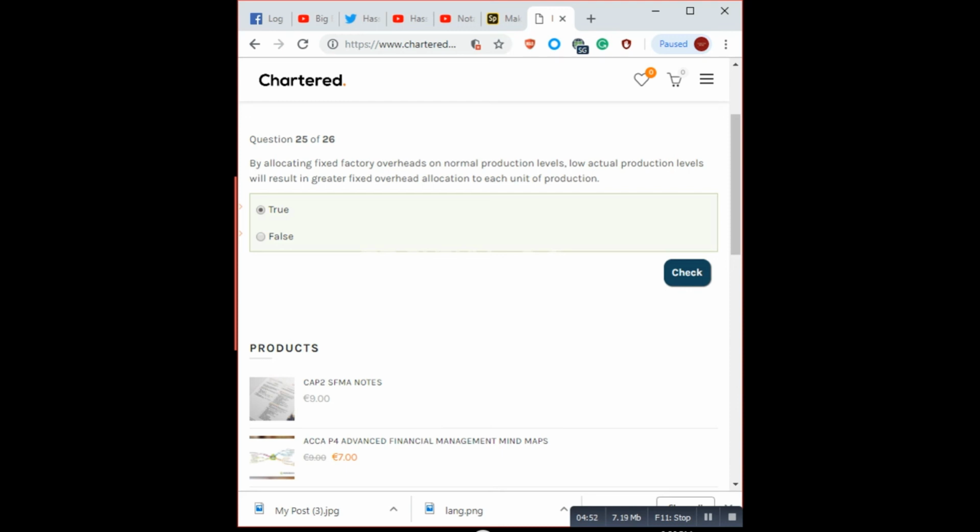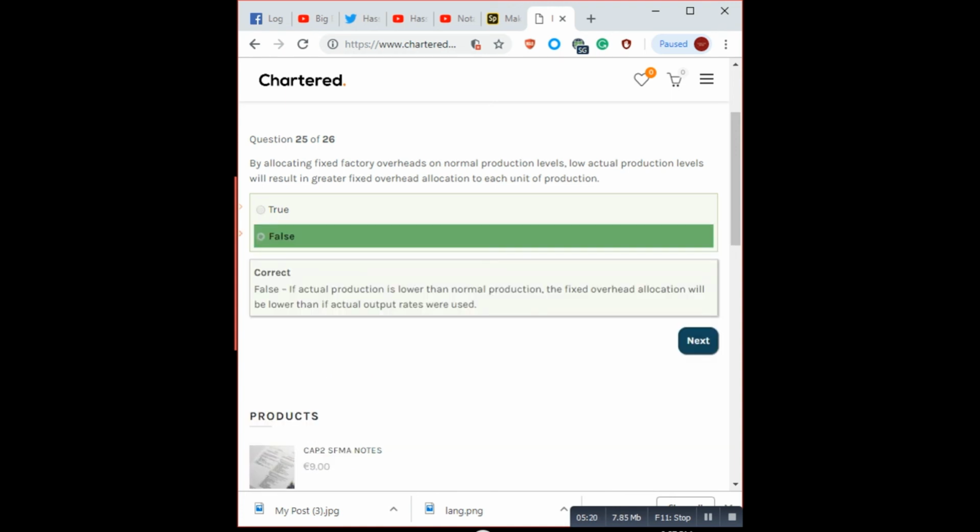False, I believe it's not correct. Because if actual production is lower than the normal production, the fixed overhead allocation will be lower than if actual output rates were used.